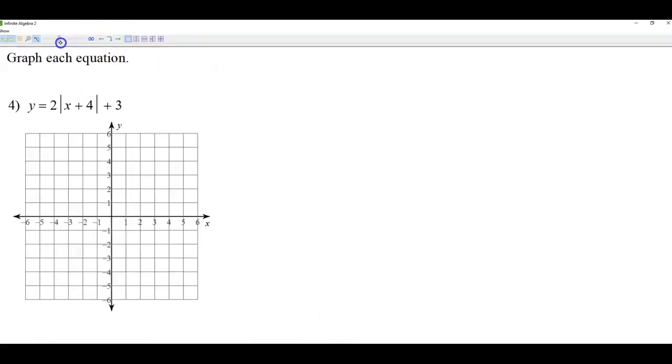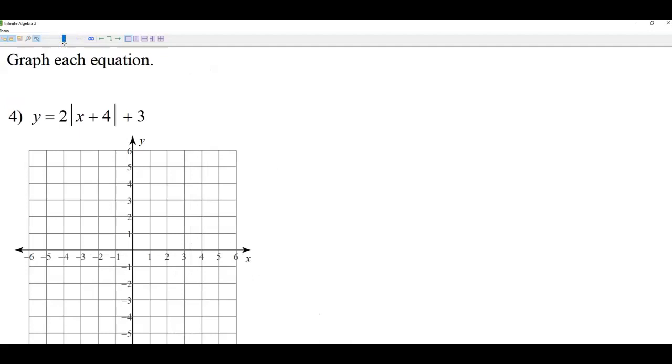We're being asked to graph an absolute value function. When it comes to absolute value functions, they typically take on this form here. These two numbers put together make up your vertex.